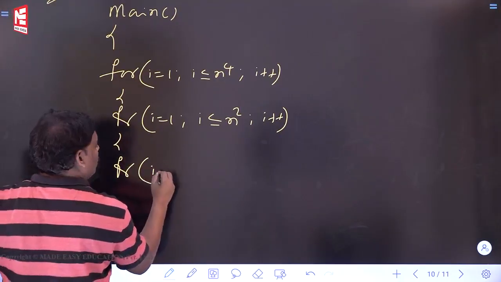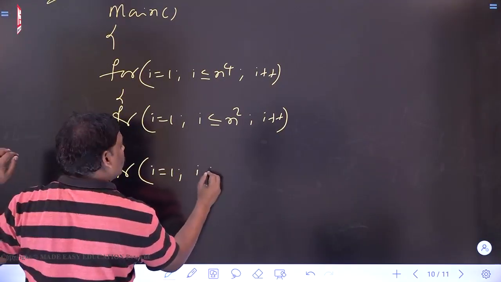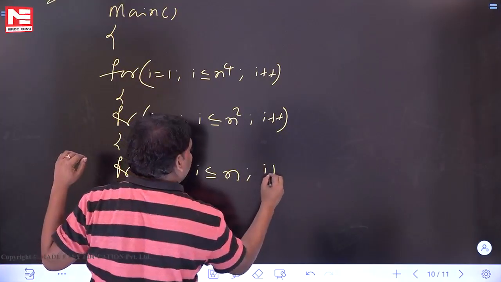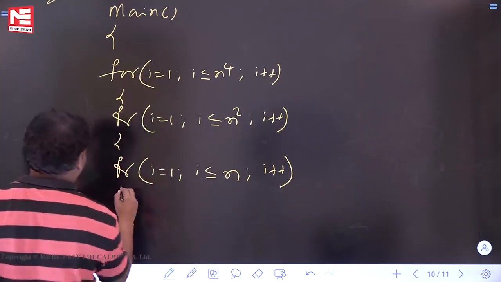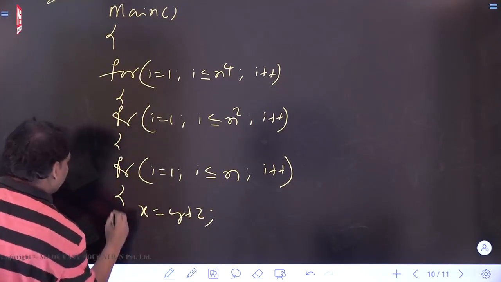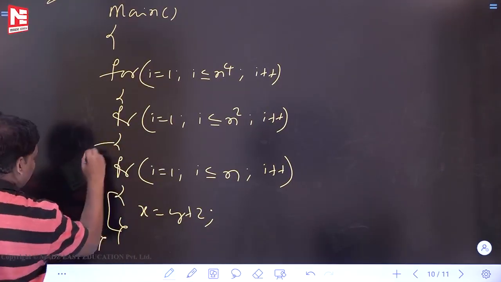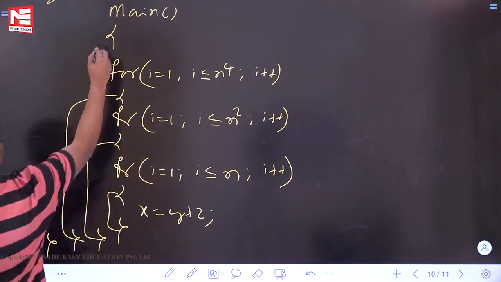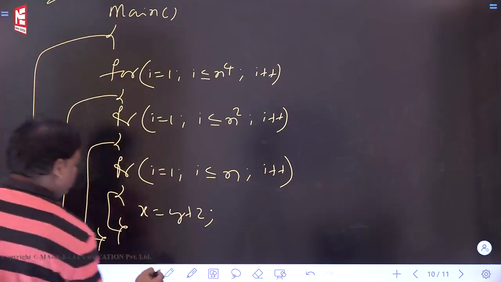For I is equal to 1, I less than or equal to n, I plus plus. X is equal to y plus z. Right? This is the program.